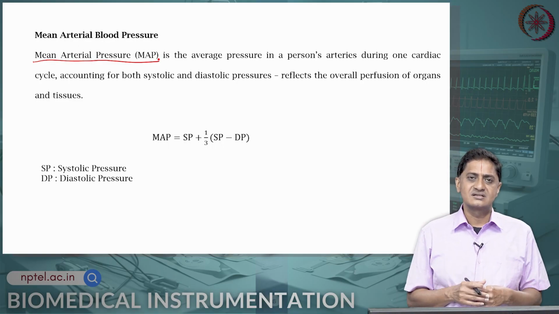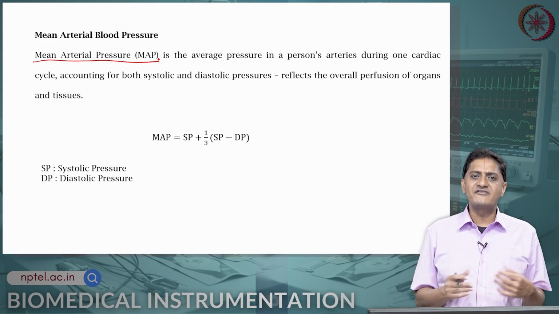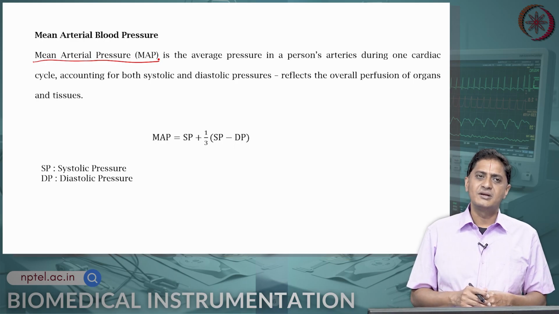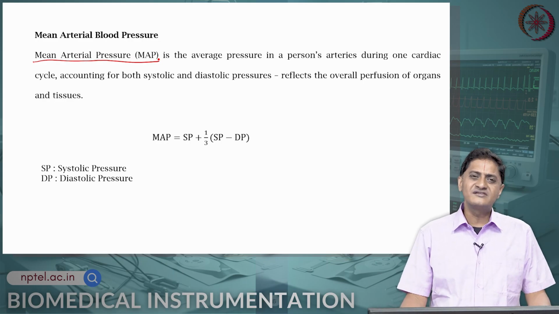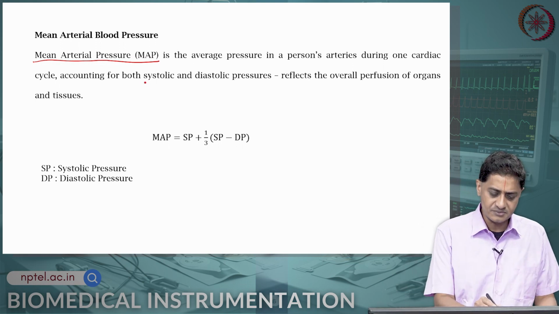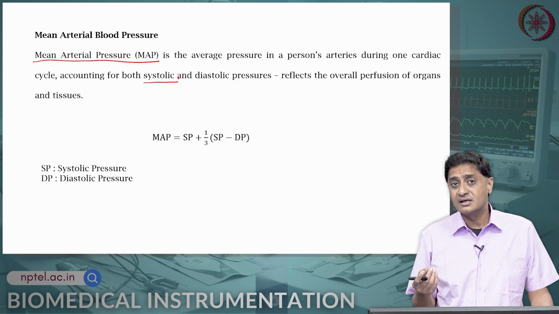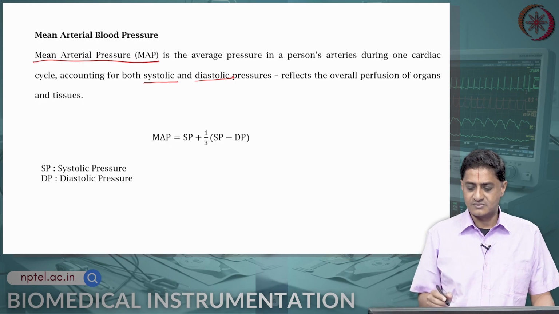Through this time, the average pressure across this time is called mean arterial pressure. This essentially accounts for both the pressure during contraction, which is the systolic pressure, and the pressure during expansion of the heart, which is the diastolic pressure.